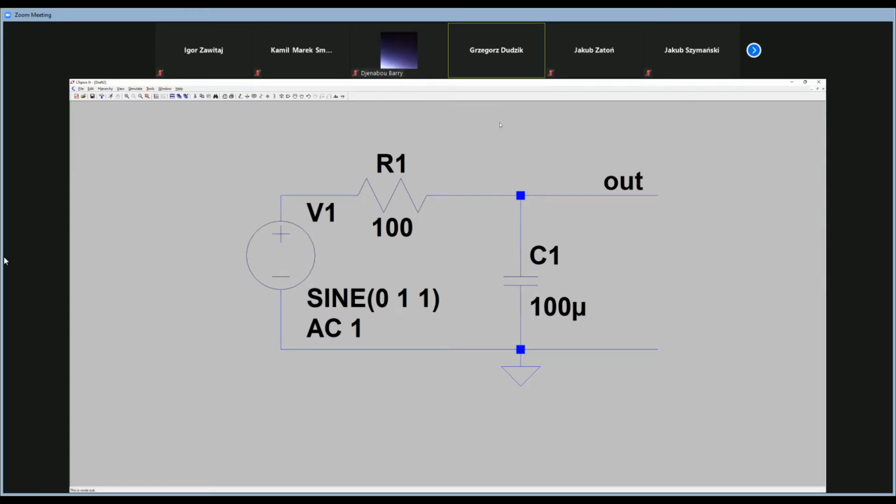And now I will just run the simulation for AC analysis. 100 points per decade. We are starting with, for example, 1 hertz, and we'll stop at, for example, 1 megahertz.